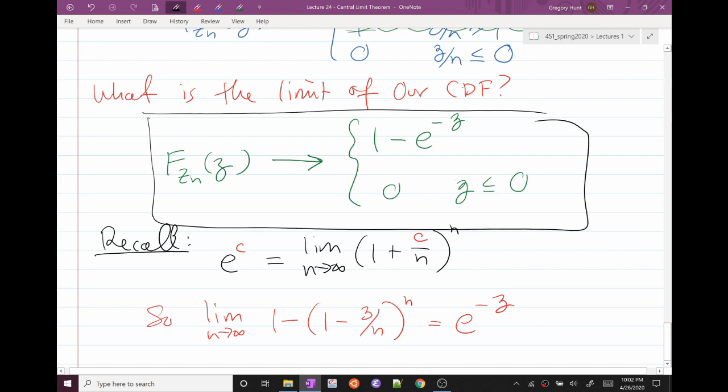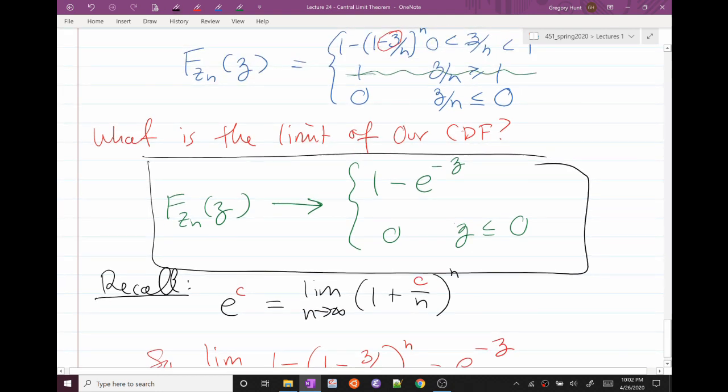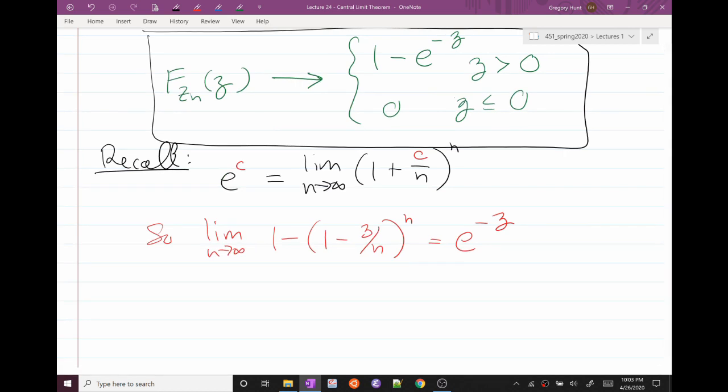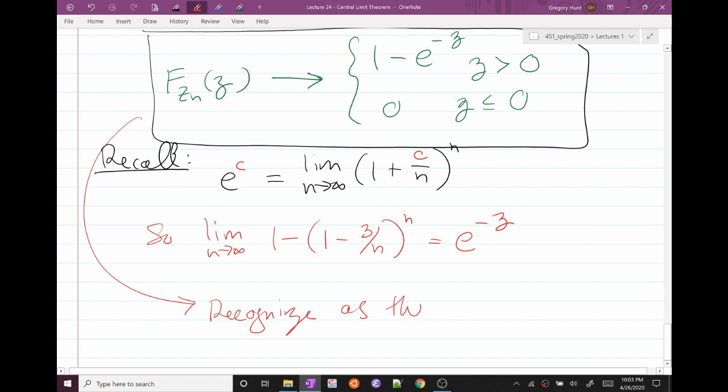It's 0 if z is less than or equal to 0, and it is 1 minus e to the negative z if z is positive. We can recognize this as the CDF of an exponential distribution with a rate parameter of 1.